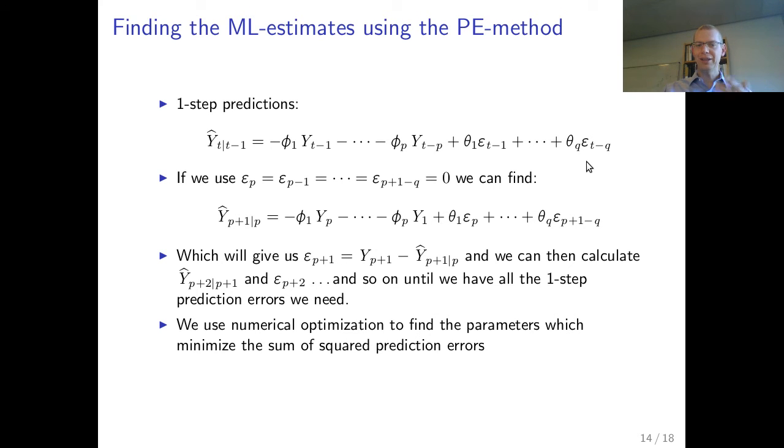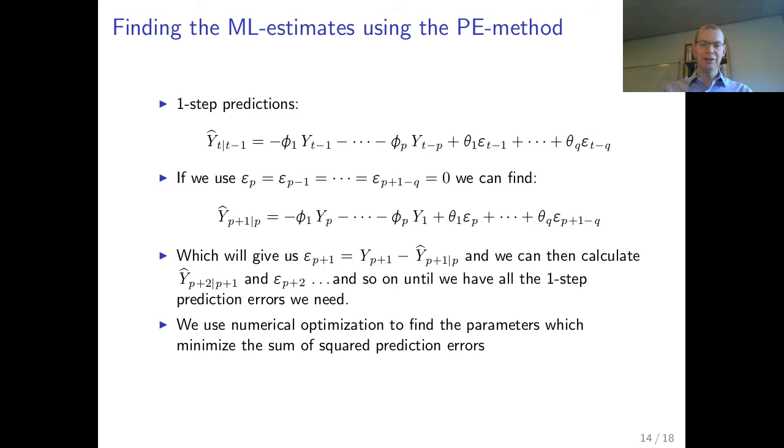The easy thing is to set all the first p epsilons to be 0, actually down to p plus 1 minus q. If q is greater than p plus 1, that will be negative epsilons as well. So that means from time p and then just backwards in time, no matter how far you have to go, we'll just assume that the epsilon is 0.